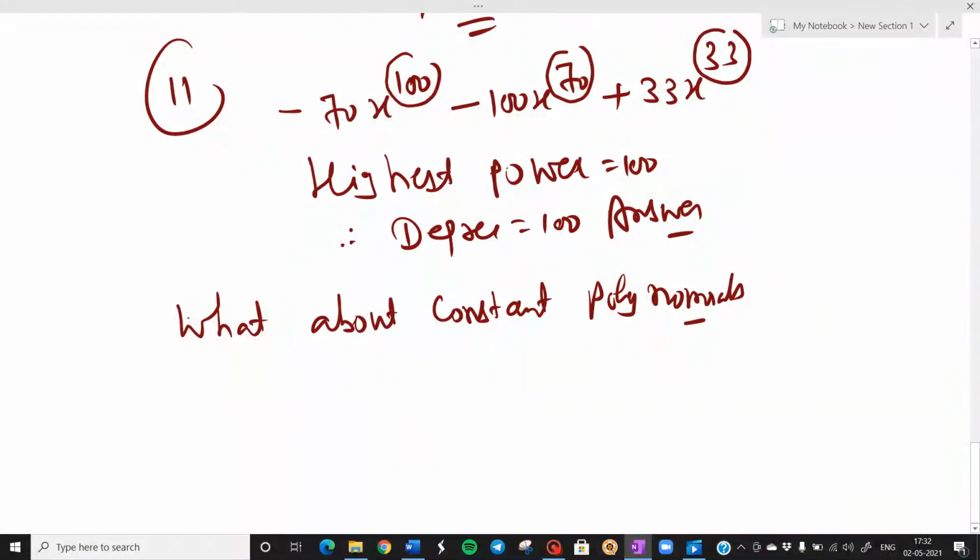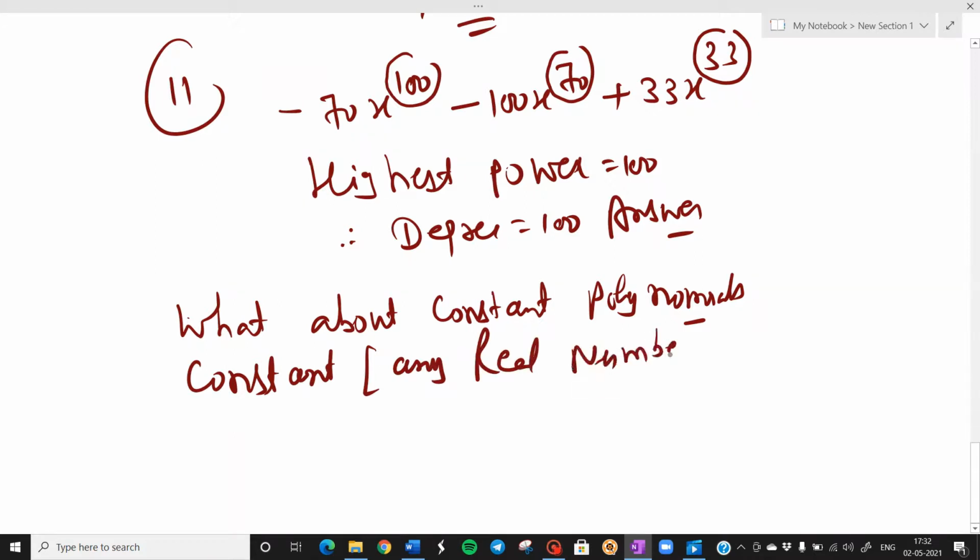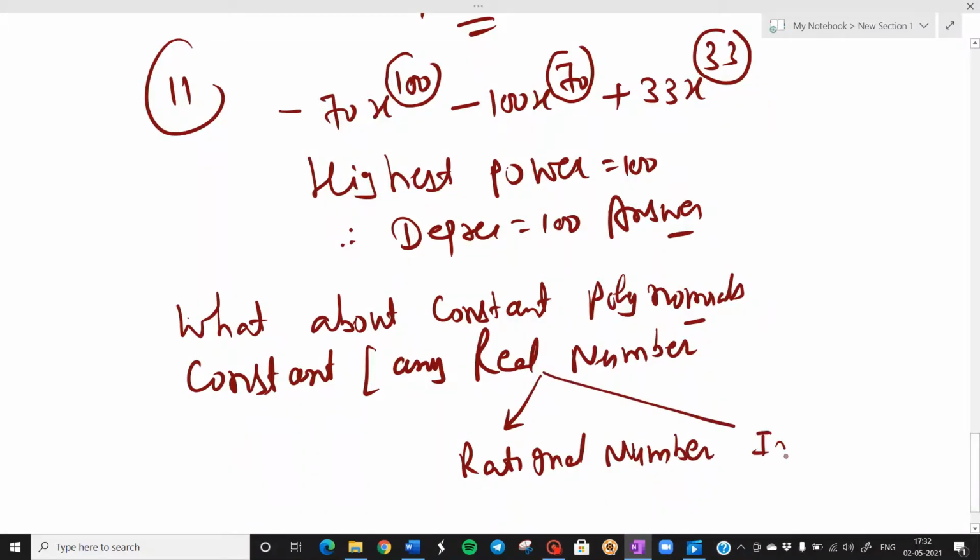When we say constant, it means any real number, and when we say any real number, we can say a rational number or an irrational number.